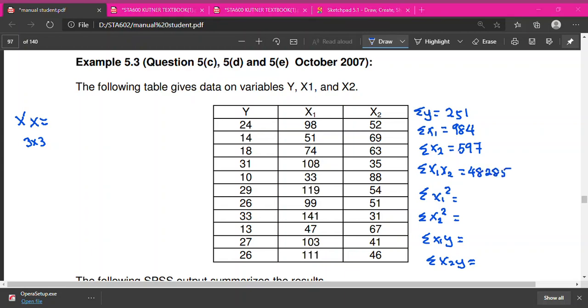Summation of x1 square, 99416. Summation of x2 square, 35167.